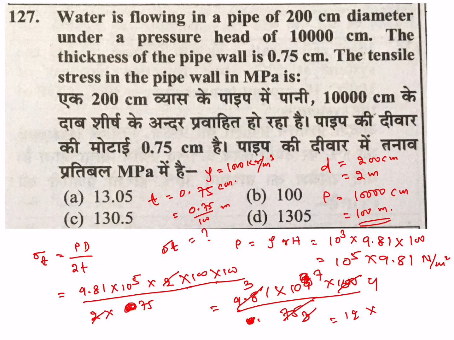So 12 into 10 to the power 7, or 120 into 10 to the power 6 Newton per meter square.